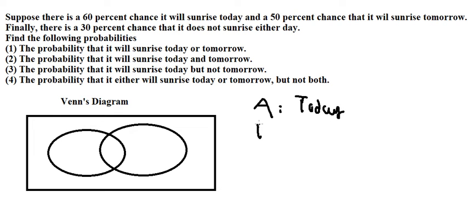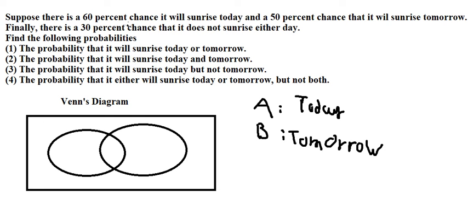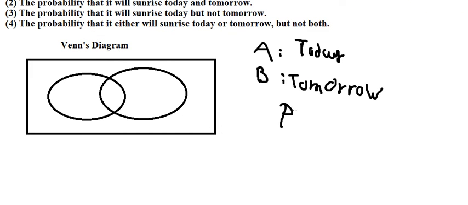B, that is for tomorrow. So we know that the chance to sunrise today, that is about 60%. So P(A), that is about 60%.